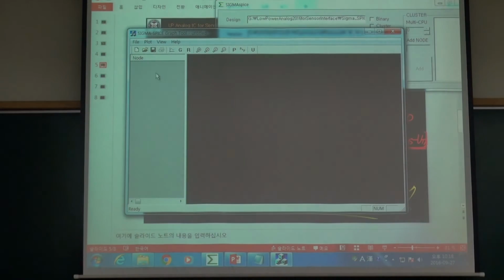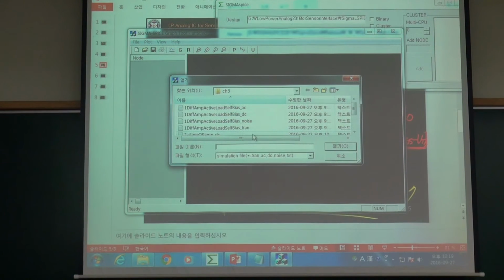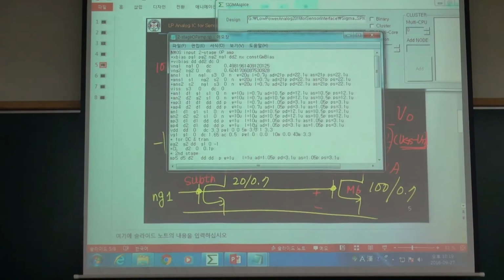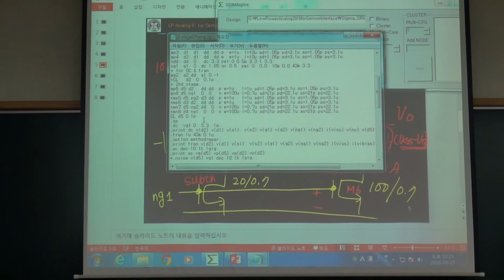But I don't have AC output. How come? Let's look at the code again. AC is there, but it doesn't print out.